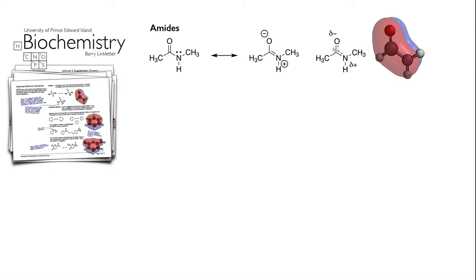Now I said there was this electron distributed system here. There is the lowest energy molecular orbital of this system. And you can see, look, it's 3 p orbitals that have all lined up side by side and overlap with each other. And of course, there's a p orbital for each of the atoms of the double bond. How do you get a third p orbital over here?